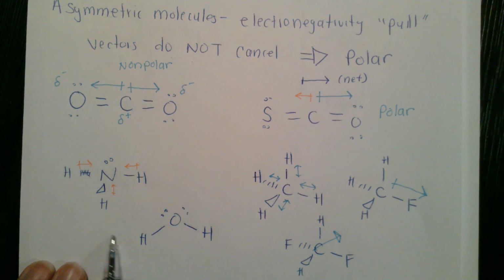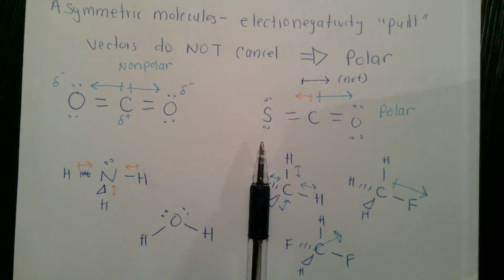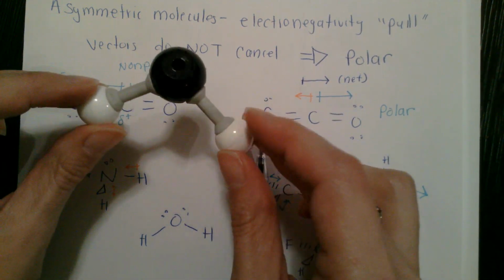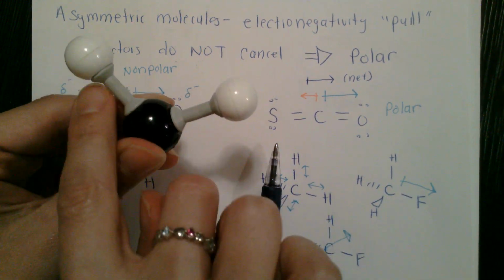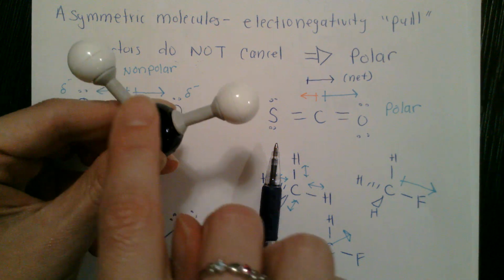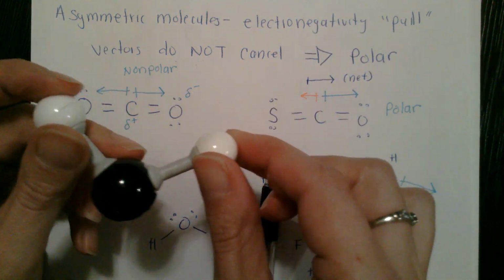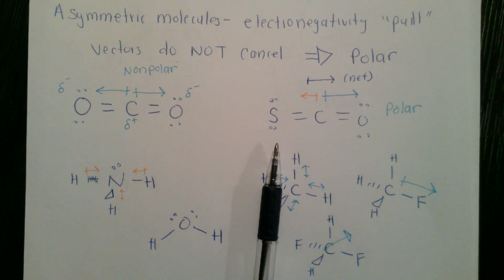There's no way to arrange anything in a tetrahedron to get things to be equal and opposite. Remember our tetrahedron had those 109.5 bond angles, so there's no way to get them opposite. I have them kind of opposite here, but they're not equal and opposite pulls. So there's really no way to position things to get them to cancel like we were able to here, just because of the angles of the shape.